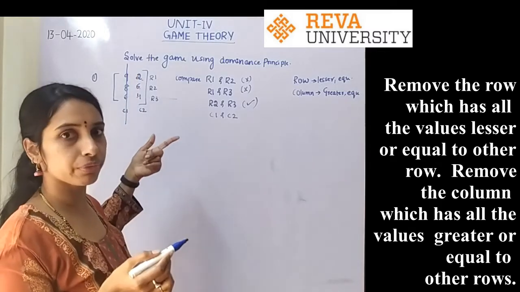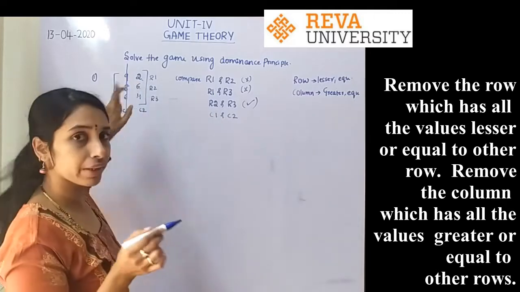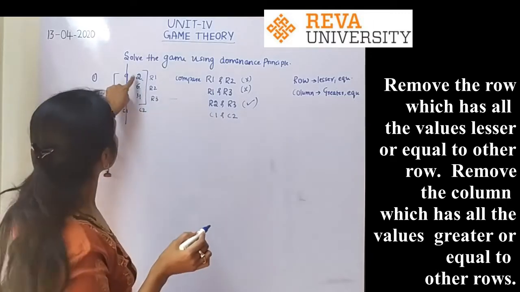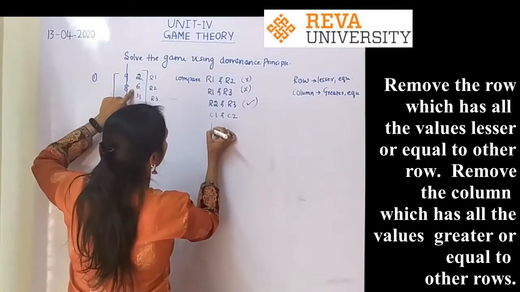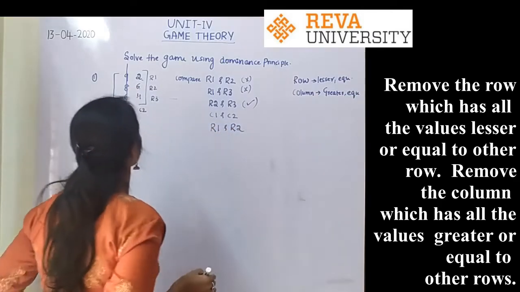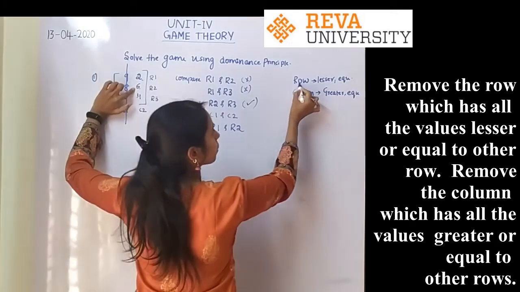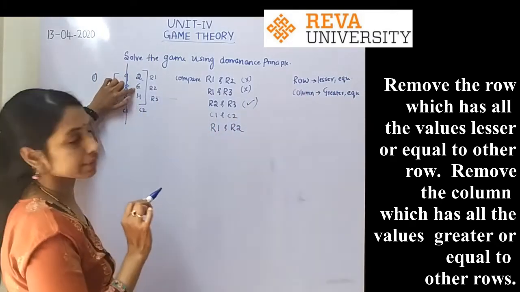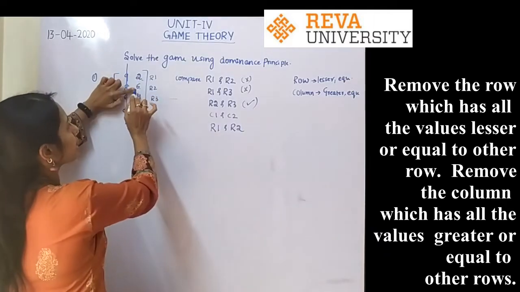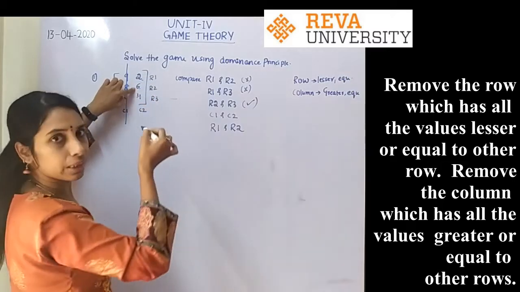So what can you go for? You can go for the row comparison again, because we have two rows. So let us compare row 1 and row 2. Whenever you do a row comparison, you have to see which is lesser. 2 is lesser than 6. Since we have only 2 values, we can easily compare this.